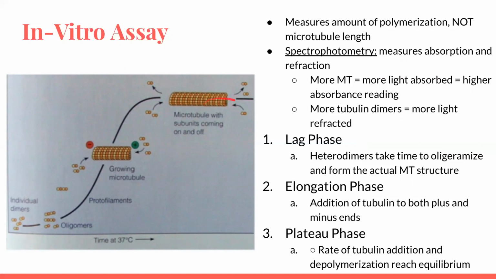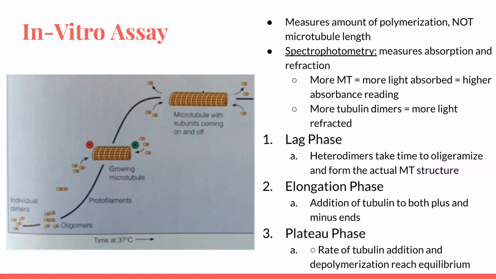What isn't shown in this graph is what happens after. What do you think would happen in this graph if you had a limited amount of GTP? What would happen to the absorbance reading? If you have a limited amount of GTP, what would happen?